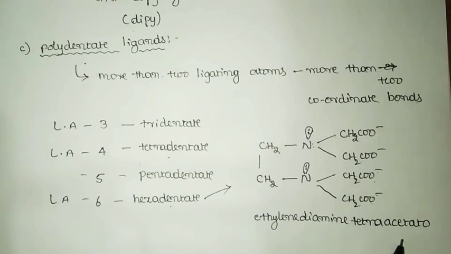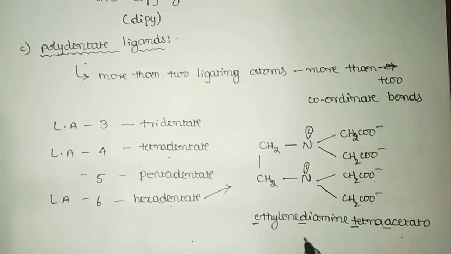That is the way of writing the name for this particular hexadentate ligand, which comes under Polydentate Ligand. This can also be simply abbreviated as E, D, T, A. Ethylene diamine tetraacetato. Strictly speaking, we can also mention the number of negative charges present on the ligand. So this is about the classification of ligands based on the number of ligating atoms present on the ligand.